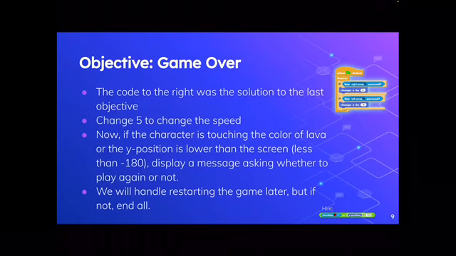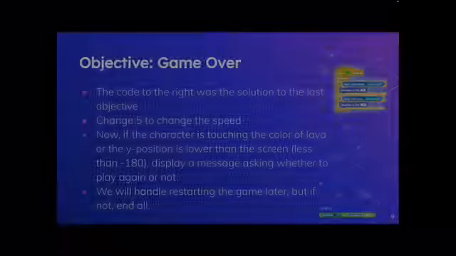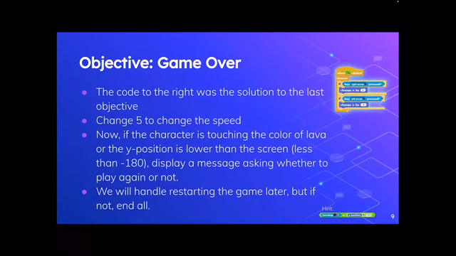Also, we'll handle restarting the game later, but just for now, use an if-else statement. So first, if answer is yes, then play again, and we'll actually do that play again part later, but else just end all. Oh yeah, there's a secret hint at the bottom of the slide if you wanted to see it.